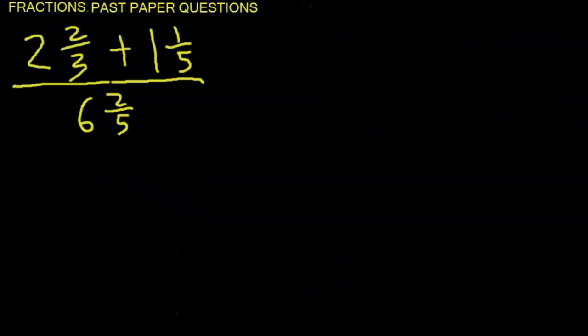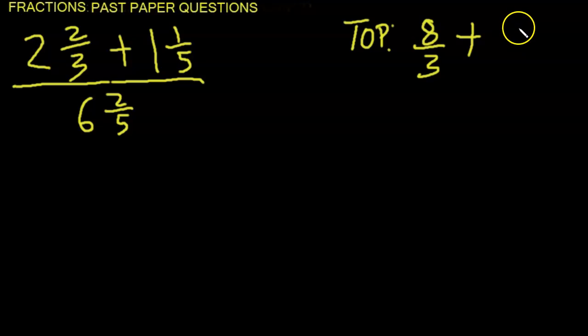Let's do another past paper question. 2 2/3 plus 1 1/5, all over 6 2/5. So again, let's work out the top. The 2 2/3 plus the 1 1/5. So 2 2/3, that's 3 twos are 6, 6 and 2, that's 8 over 3. Plus 1 1/5, 5 ones are 5 and 1, that's 6 over 5.